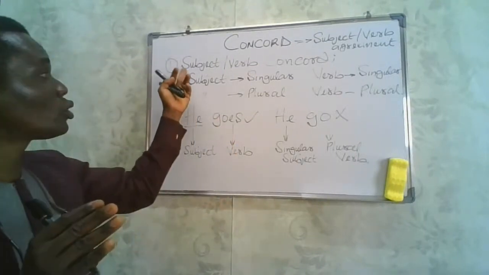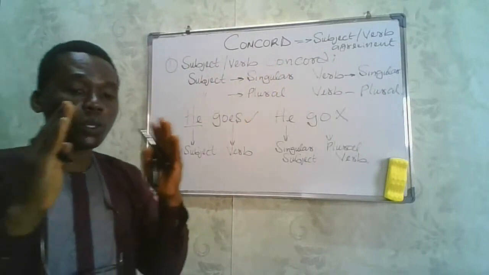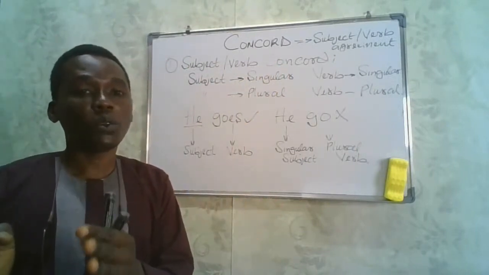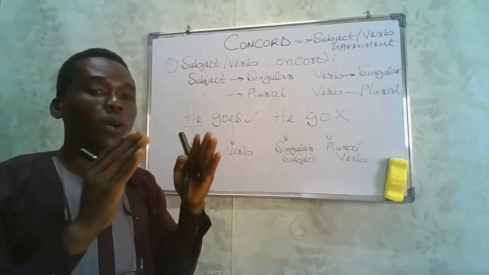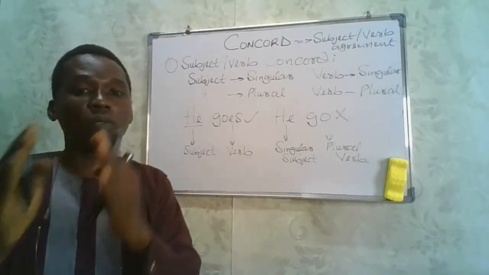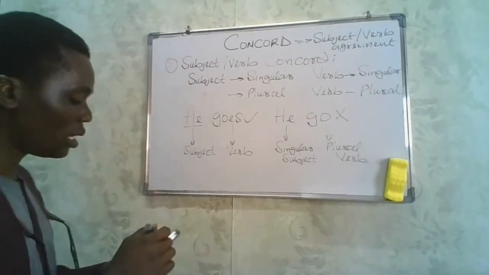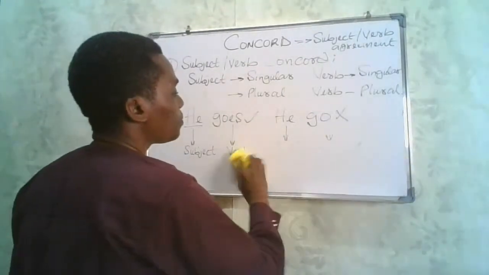So when we talk about subject verb concord, the subject being singular, the verb must also be singular. When the subject is plural, the verb must also be plural. Now, let's look at another good example.